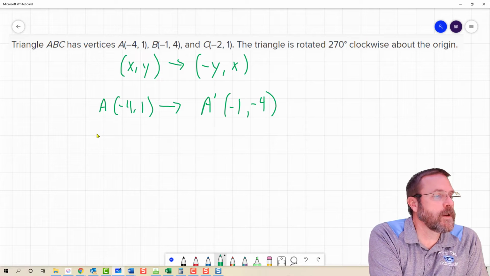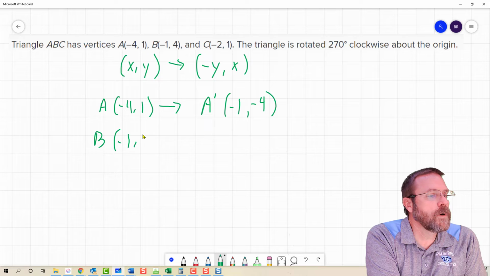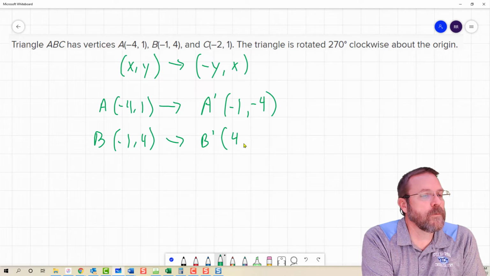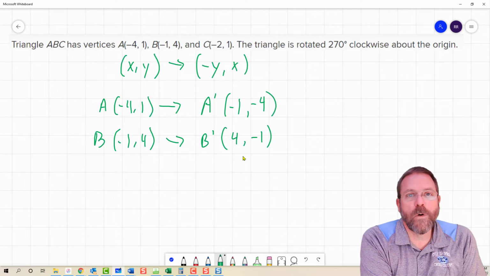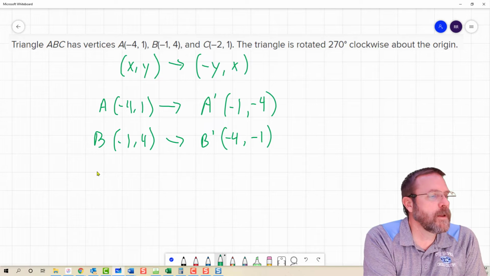That's become a -1. My B value was -1, 4. That means that B prime is going to end up being, I'm going to go ahead and flip what I had there, 4, -1. And once again, what was the y value is going to become its opposite, making that a -4.